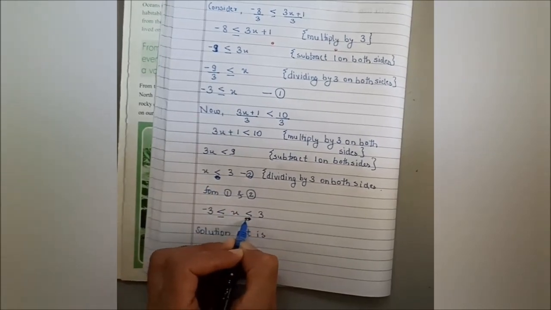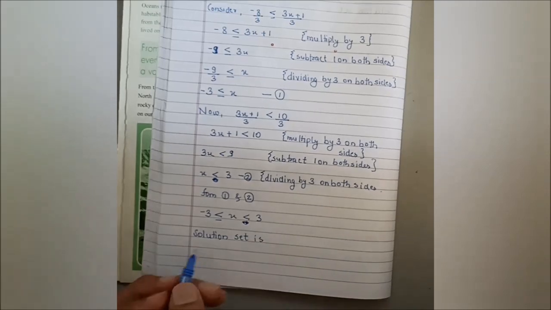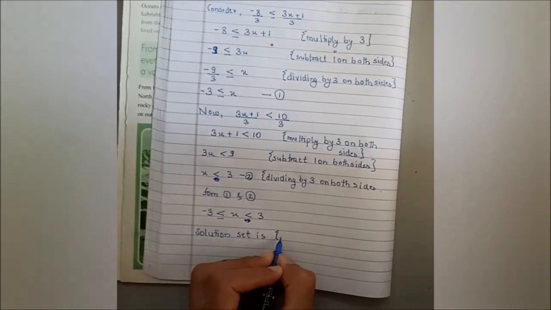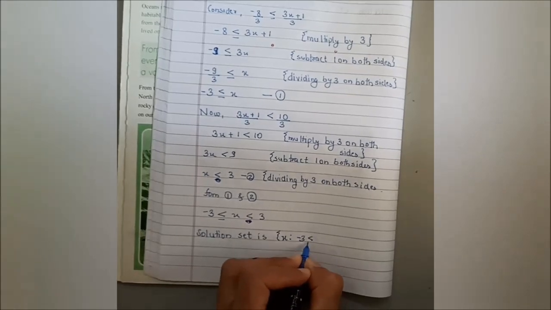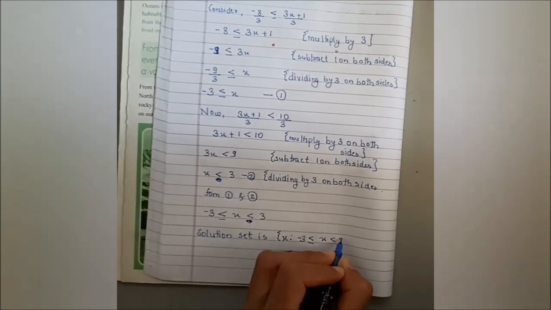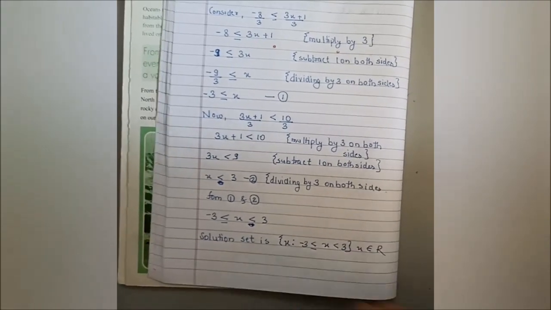In the question it was given to be less than. Solution set is x such that -3 is less than or equal to x is less than 3, and x belongs to rational numbers.